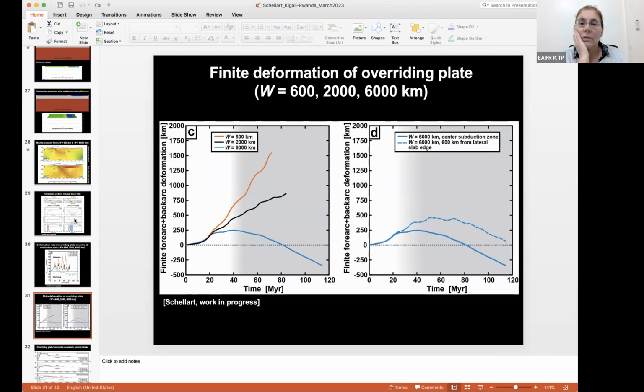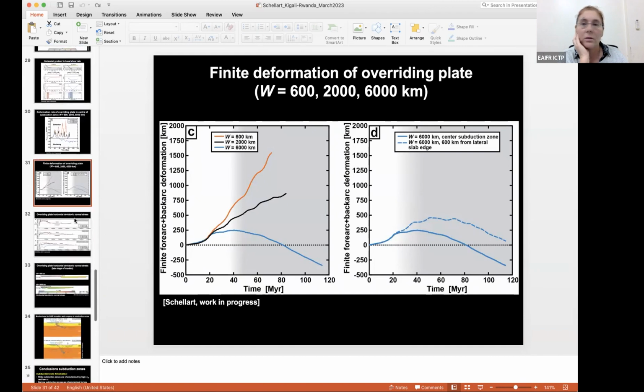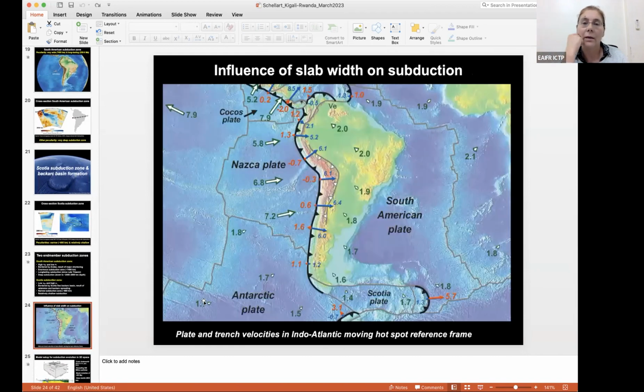What do the observations tell us about the deformation regime along the Nazca plate, central versus edges? So you're asking about the deformation rates in the overriding plate? Yes. Do we see a difference between the central region of the slab and the edges of the slab?